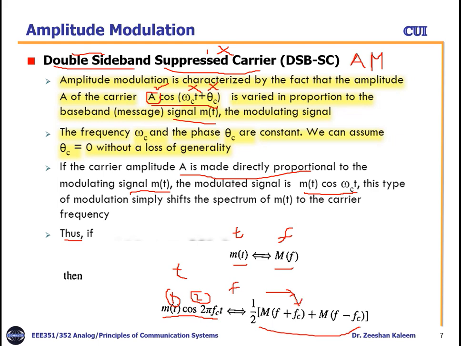So it means that after transmitting the message signal on this carrier, we shifted the frequency of the message signal to the carrier frequency. For example, this is the message signal M. There are two sidebands, one at fc and the other at minus fc. This is the frequency domain version of m(t) cos(omega_c t).